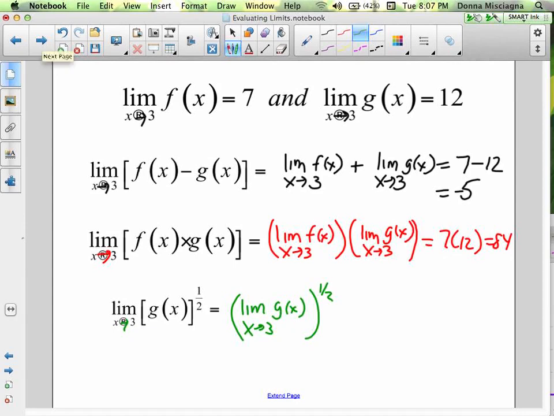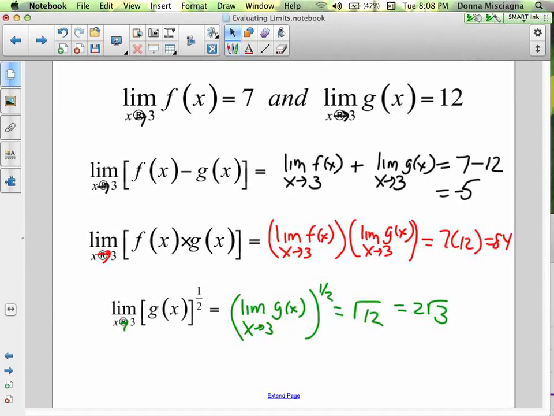All right, so now we can do the substitution. That's going to be the square root of 12, which we should probably simplify. So that's equal to 2 square roots of 3, right, because 12 is 4 times 3. And there we go. So there we're using some properties of limits. We'll be using properties of limits all throughout our study of limits.